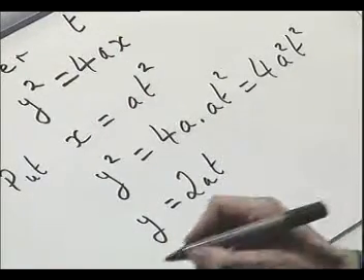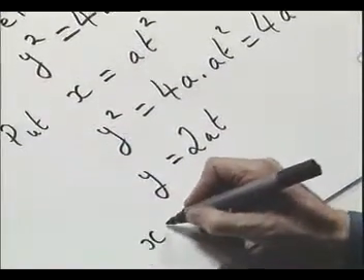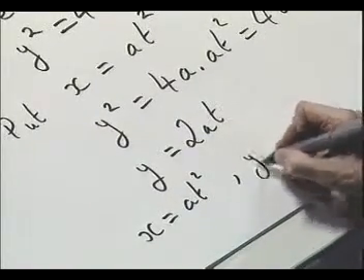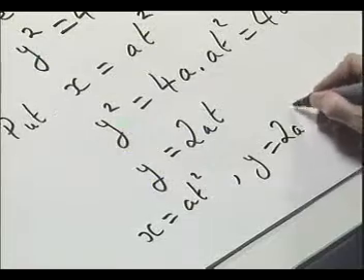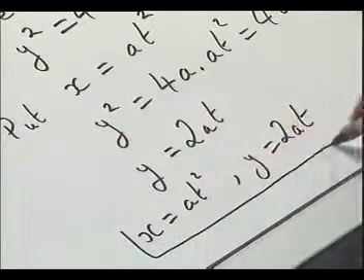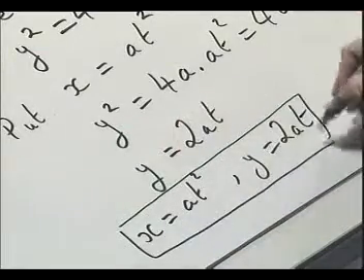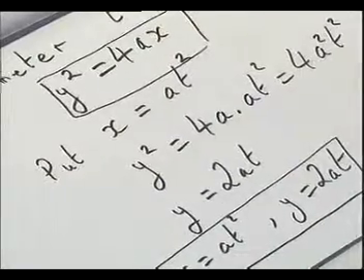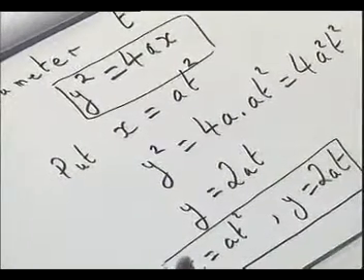And so what I've got here is what's called the parametric equation for the parabola. Now, that's our parametric equation, and this is our Cartesian equation. The one thing we haven't done yet is sketched the curve itself, so I just want to do that.